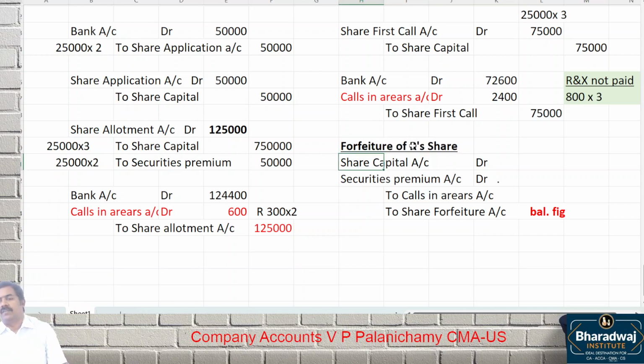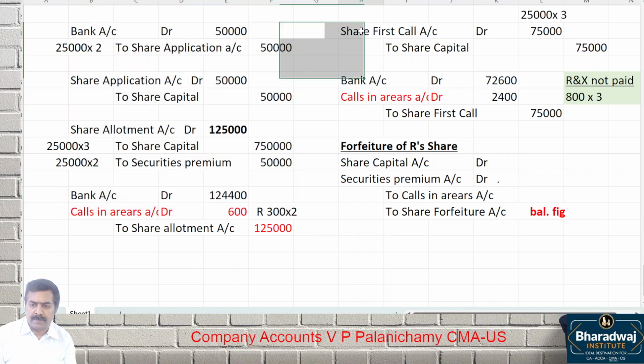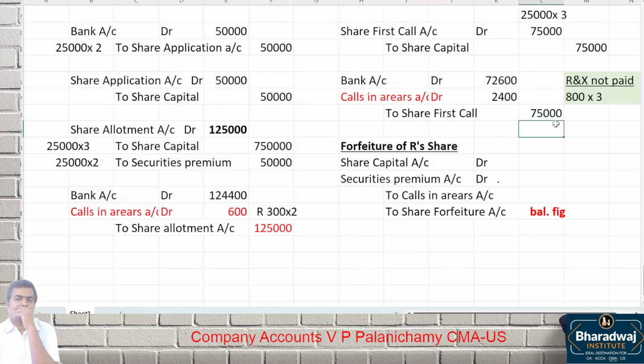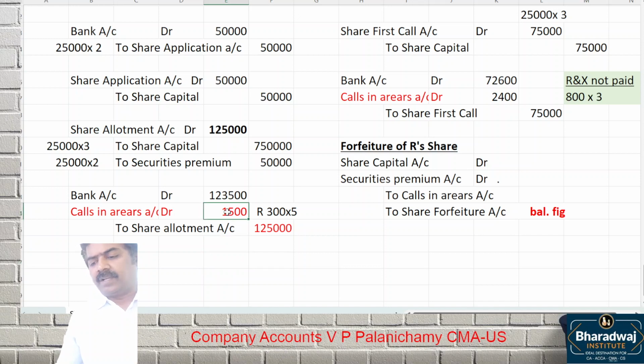Here also the R shares will be cancelled after which call? First call, try. Any doubt in any of the entries that I passed so far? Allotment money 300 into 5.